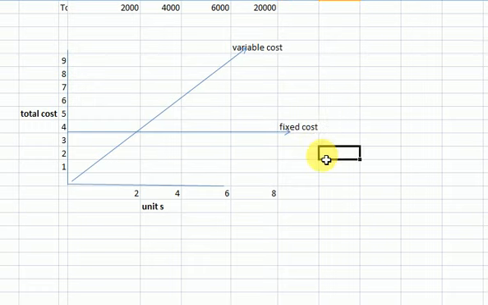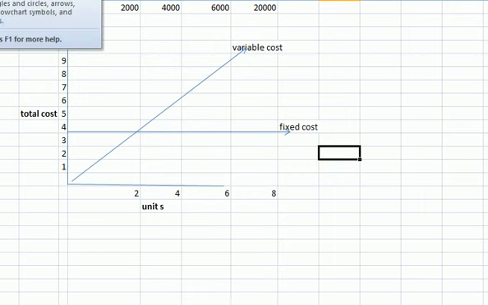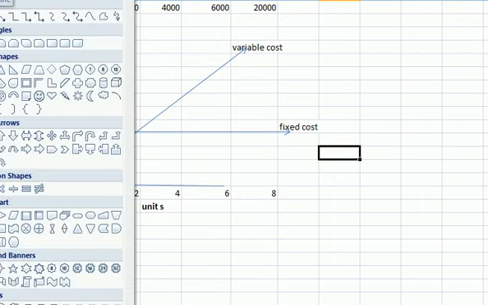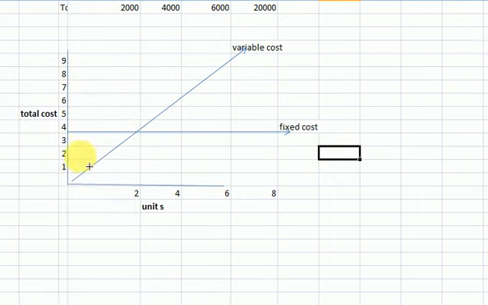Now the semi-variable cost we will show like this one. From here it is fixed for some period of time, like that is fixed here.